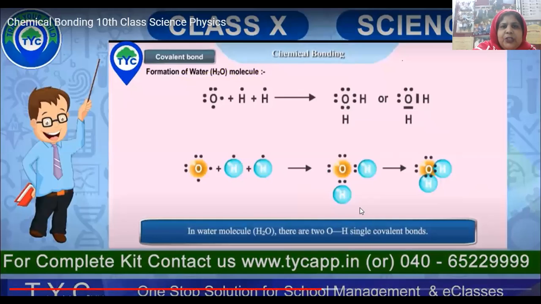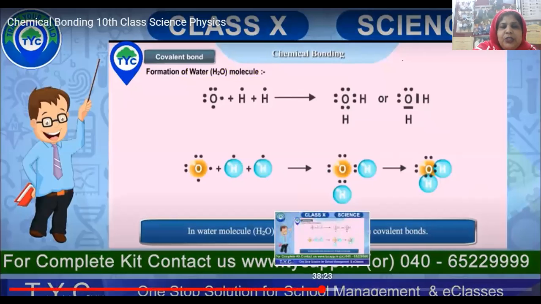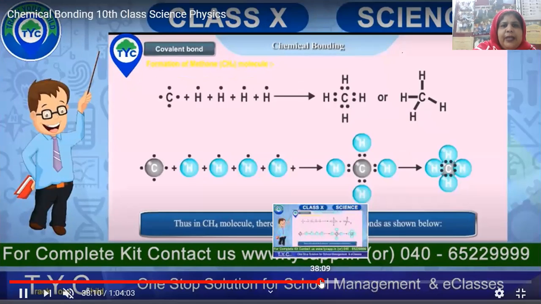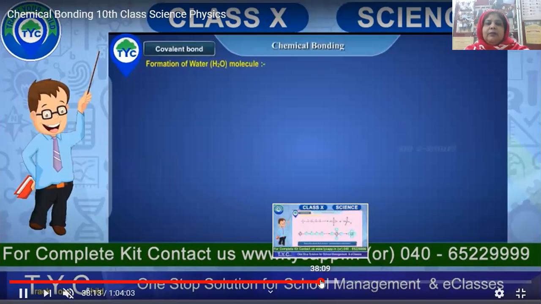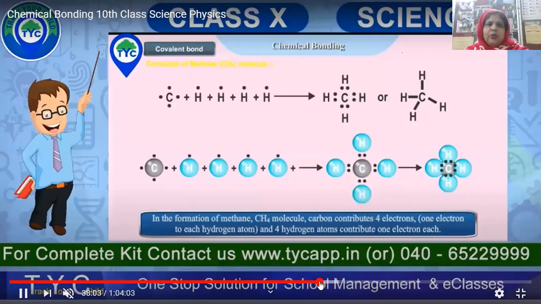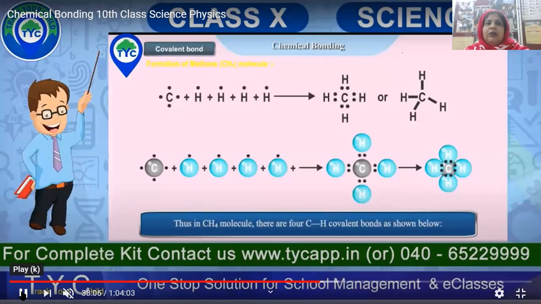Let's go back and see how the carbon and hydrogen bond is formed. Like you see, carbon has got 4 electrons in its outermost shell, whereas hydrogen has got only 1, right?